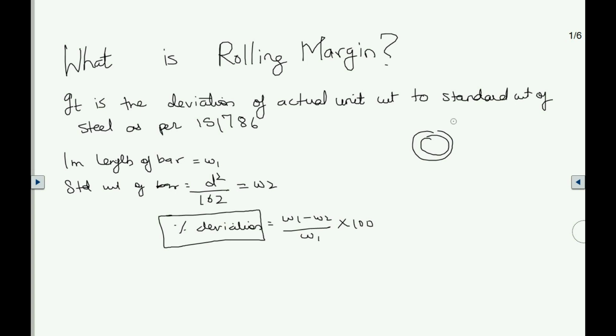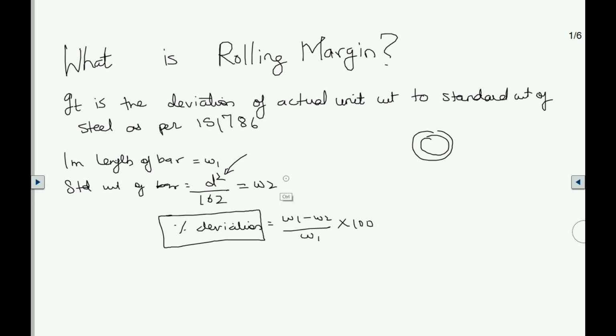Over time, this die will get eroded due to being used again and again, and as a result the internal diameter of the die will be slightly larger than before. So the diameter of the bar manufactured with that die will be slightly bigger, and if that diameter is bigger, the weight per meter you get will be greater than the standard weight of the bar.